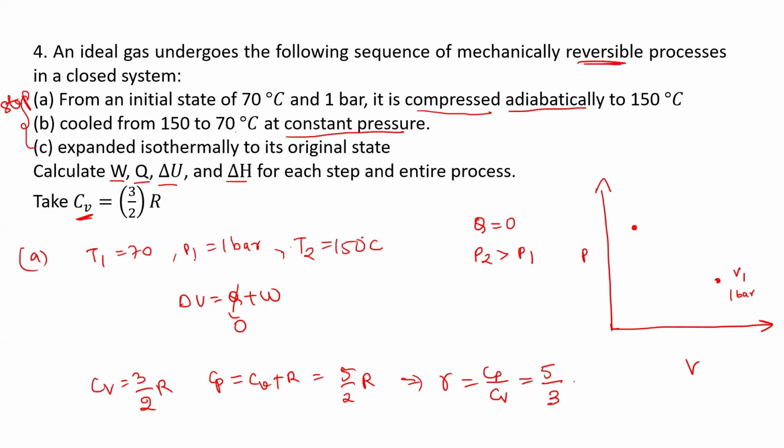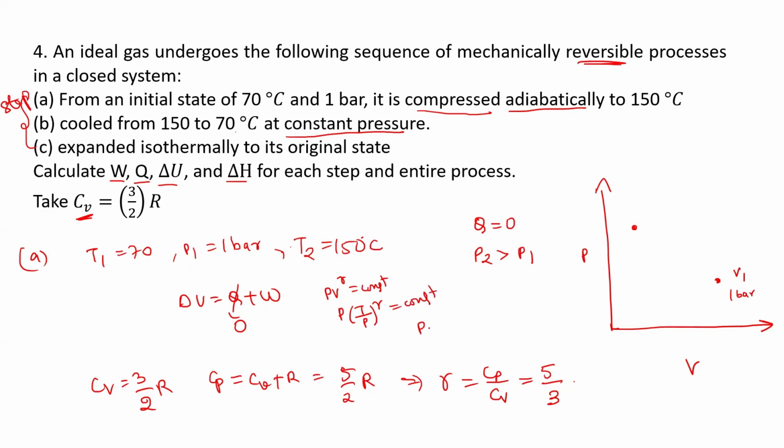Now we have a relation between pressure and temperature. We have PV^gamma constant, and we have derived so many times till now that T by P^((gamma minus 1)/gamma) is constant.